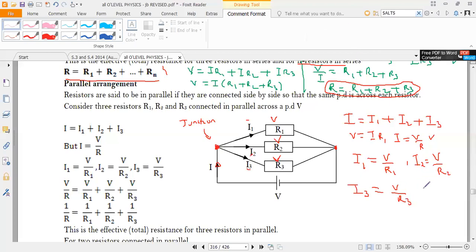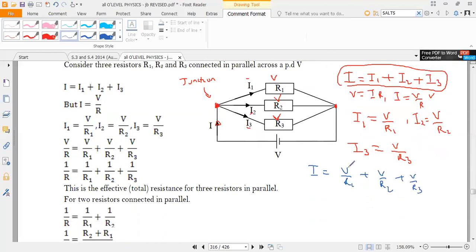So if I substitute this into the equation of I up here, I'll end up having I being equivalent to V divided by R1 plus V divided by R2 plus V divided by R3.